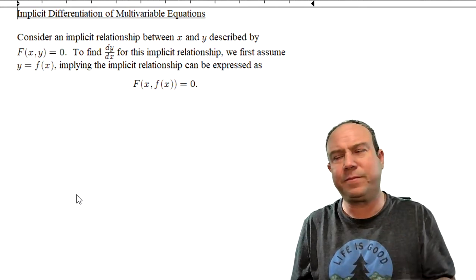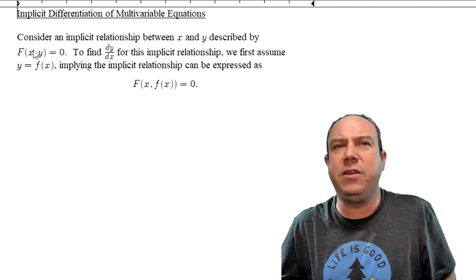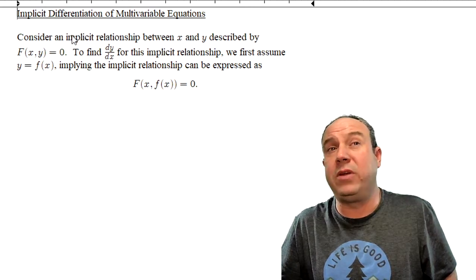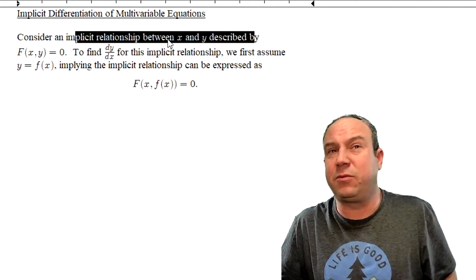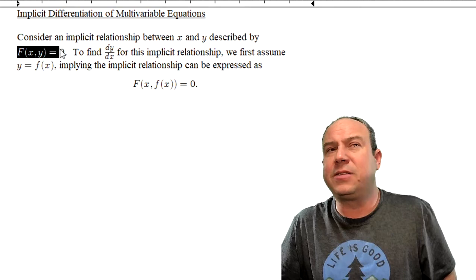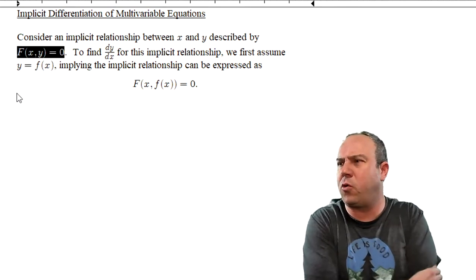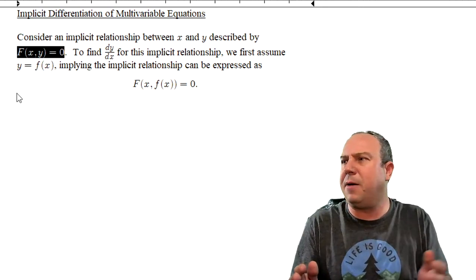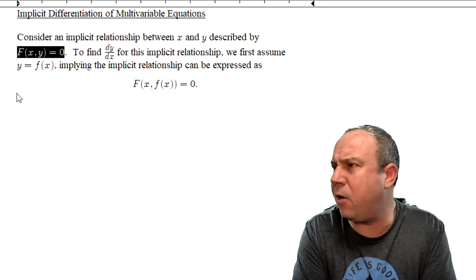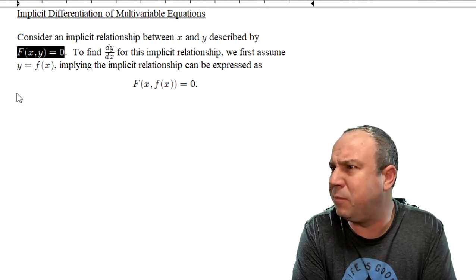Suppose we have this implicit relationship between x and y described by this notation seen here. This is something we're going to be able to do with our equations in the context of multivariable functions.